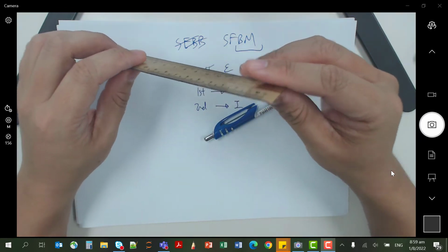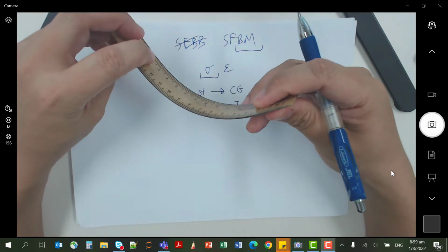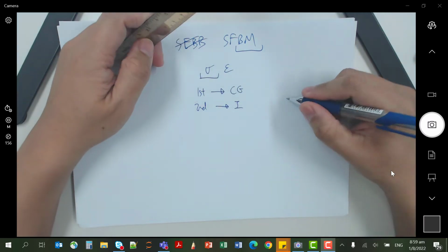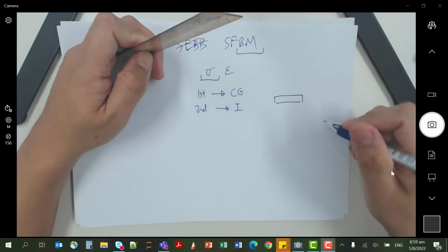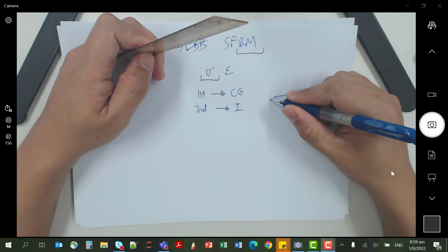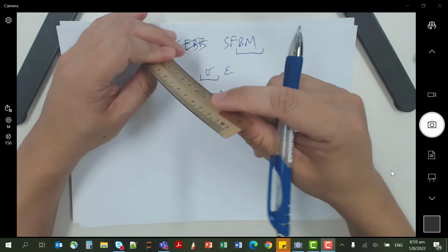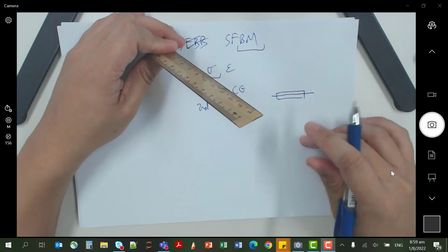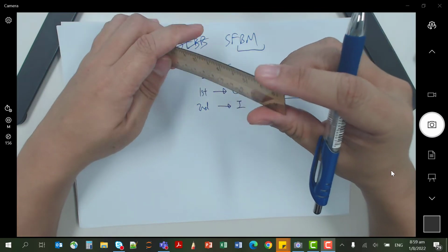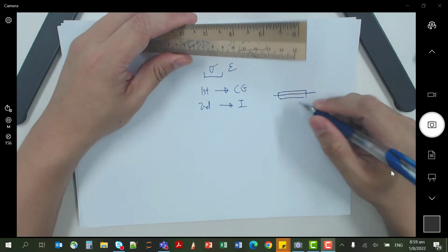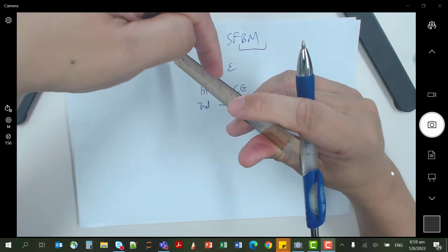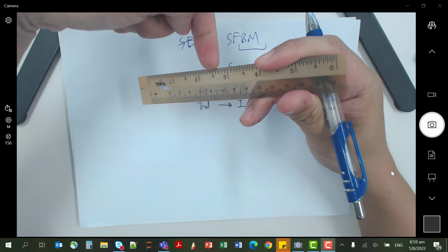We gave a very simple illustration. If your ruler bends like this, your cross-sectional area of the ruler here is a long rectangle, and it is bending about this axis. It will be much easier than if I rotate 90 degrees and try to press in this direction.